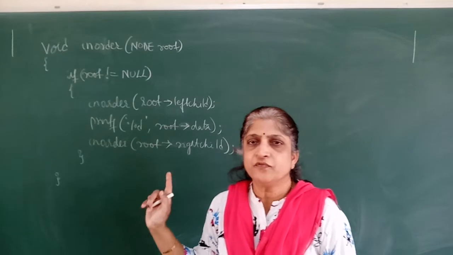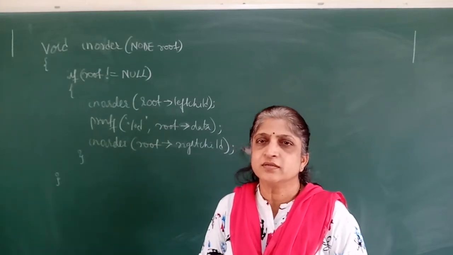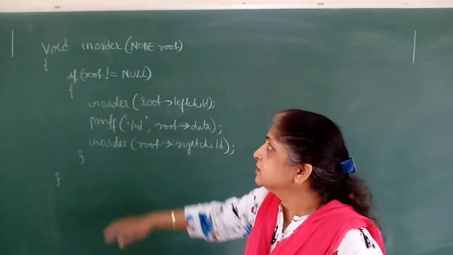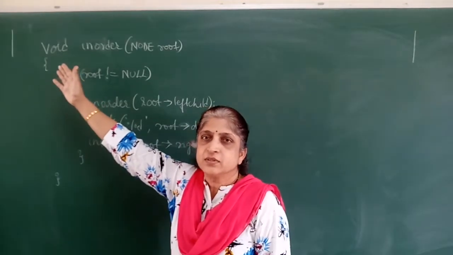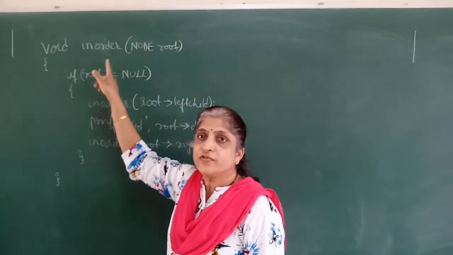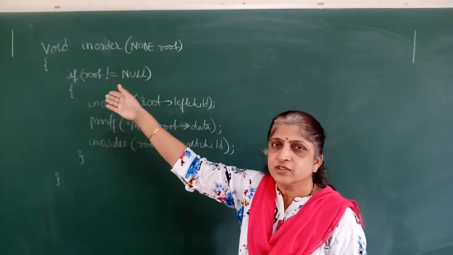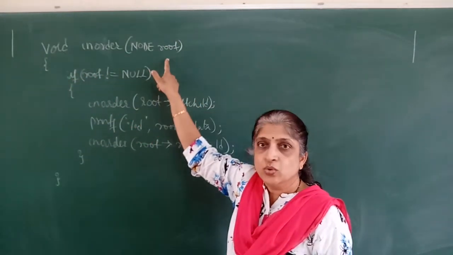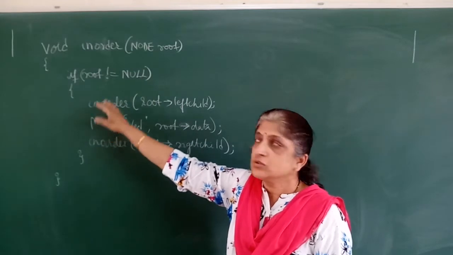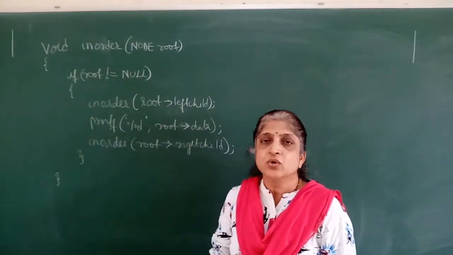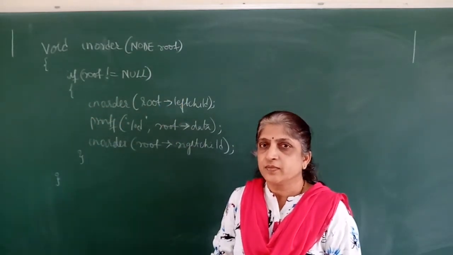Here I have the function for in-order traversing. The return type is void. The name of the function is in-order, and I am calling this function from some other function by passing root as an argument. This root will be pointing to the root of this binary tree.